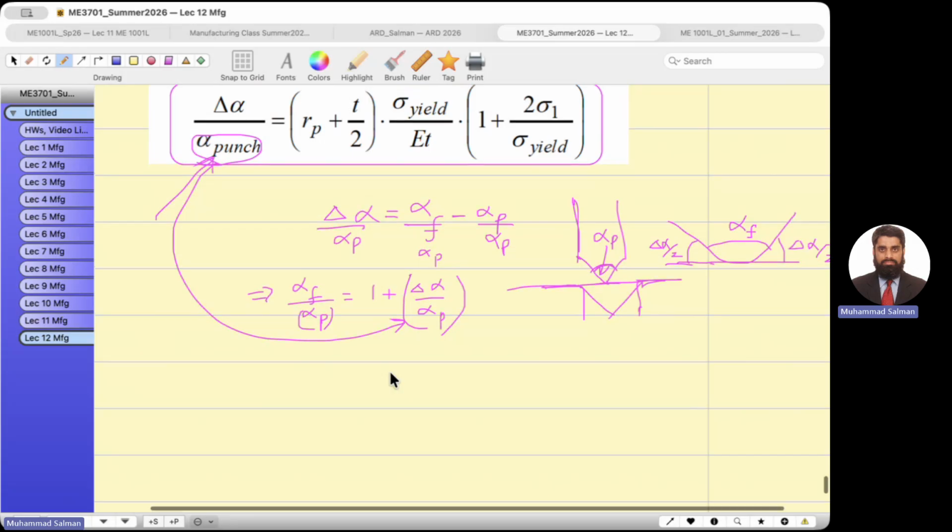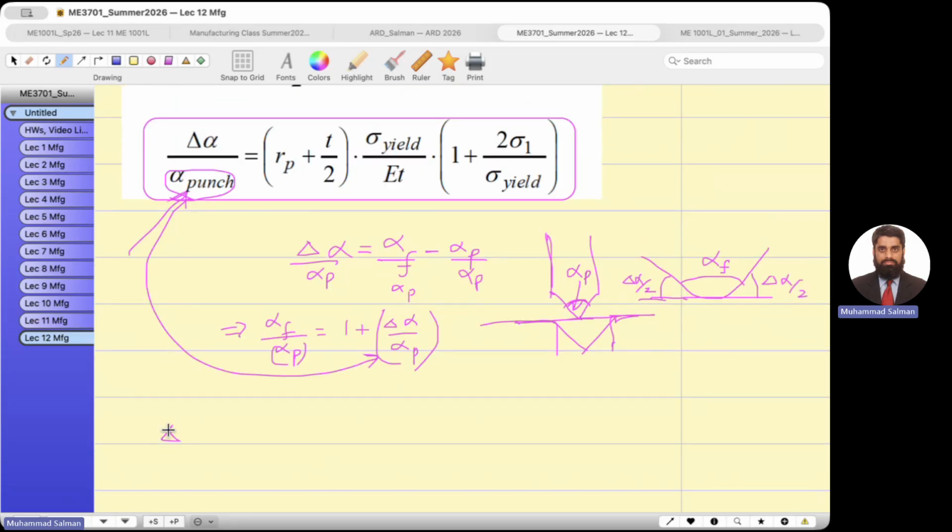Okay, let's do this formula. Let's do this, delta alpha over alpha punch equals to rp. How much is the radius of the punch? It is 0.15. If you look in the data, it is 0.15 inch. Thickness of the plate is 0.05 divided by 2. Sigma yield is 50,000 divided by the elastic modulus, which is 29 times 10 to the power 6, times the thickness 0.05, into 1 plus 2 times sigma.